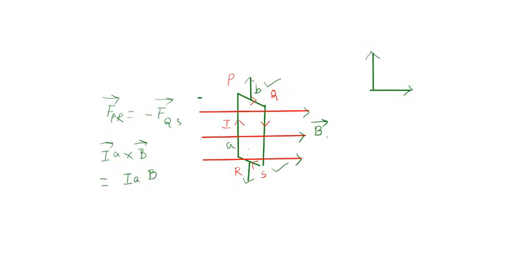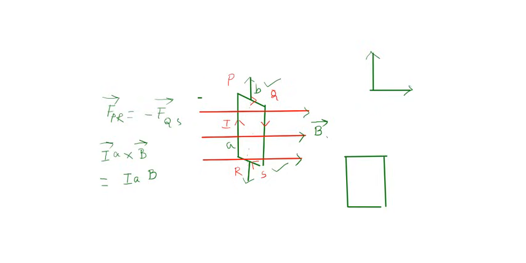Now, though the magnitude is the same and they are acting opposite to each other, their line of action will vary with the rotation of the loop. But as you can see, if we consider the loop to be like this, let's say the loop is like this, so that the normal to the loop is perpendicular to the magnetic field, like this.